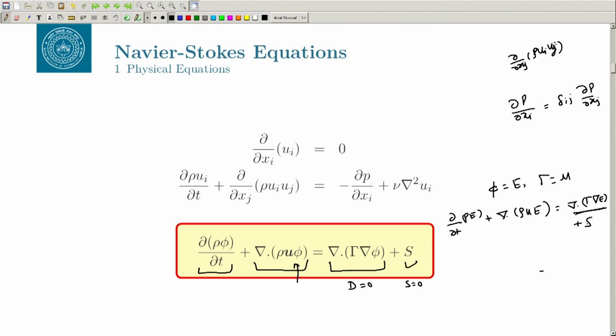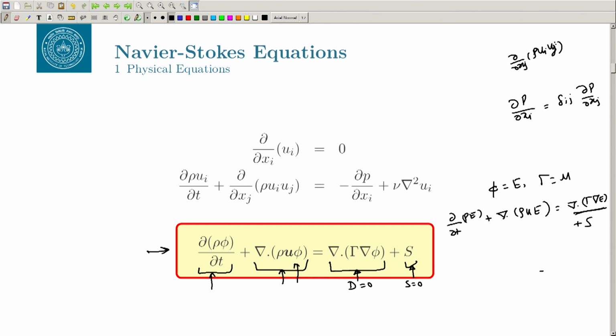So, all the equations can be represented in a single form, which has a temporal term, the time dependent term, which shows the rate of change of the quantity, then the transport, the transfer of the quantity from one point to another point, and then you have the diffusion due to the viscous forces, the stress that gets developed, and finally, you can have some source term.